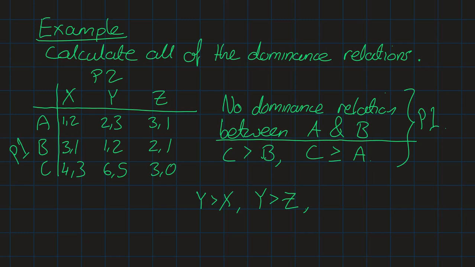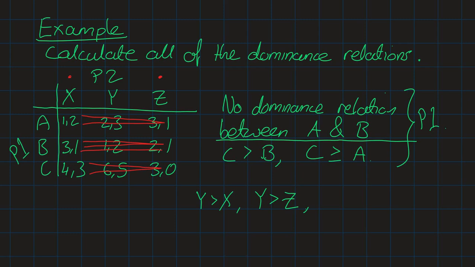Lastly, let's compare X and Z. Okay? So I'm comparing 2 and 1. Well, 2 is bigger than 1. 1 is bigger than or equal to 1. And 3 is bigger than 0, is strictly bigger than 0.